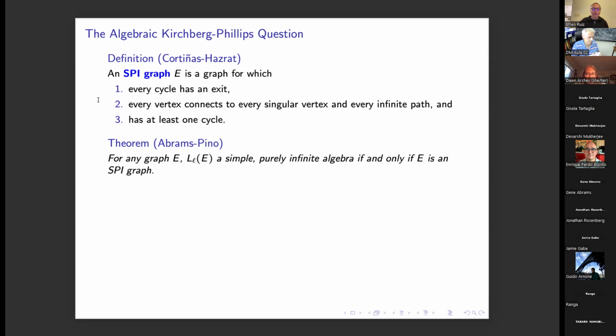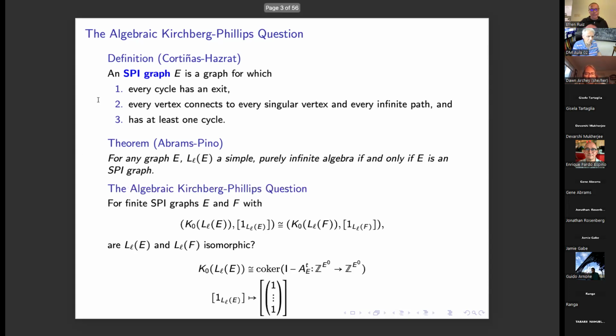And so the algebraic Kirchberg-Phillips question essentially just says: is K-theory, or the pointed K-theory, a complete invariant for the Leavitt path algebras that are simple and purely infinite?